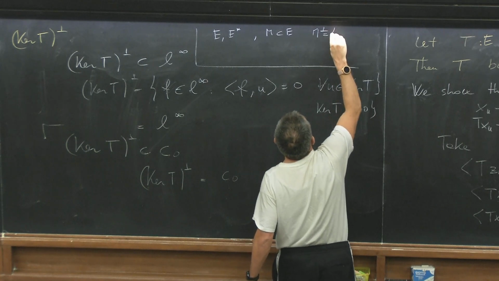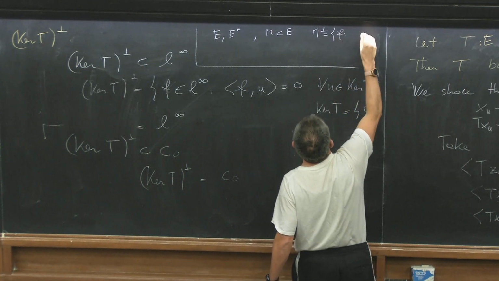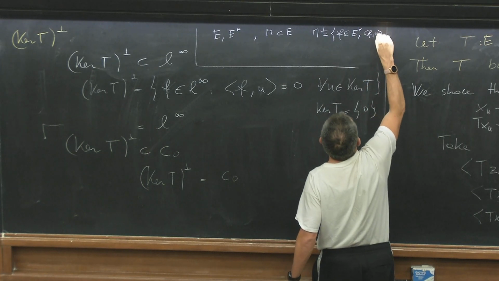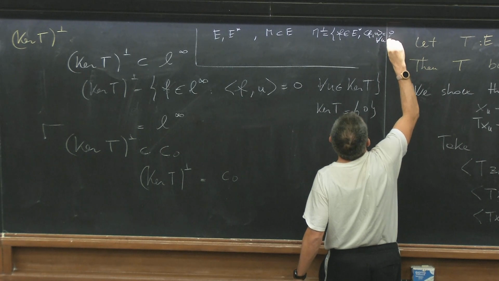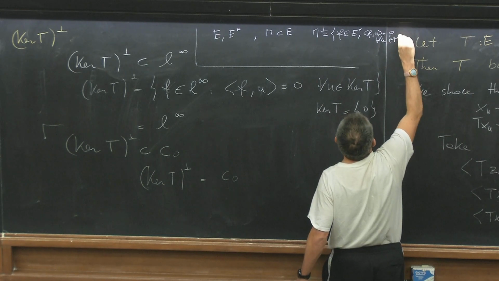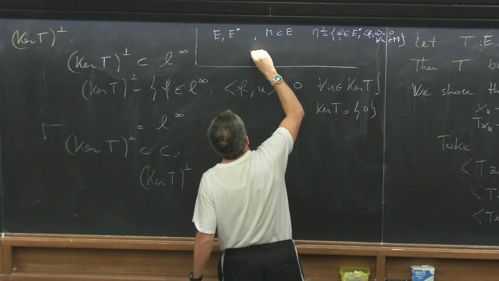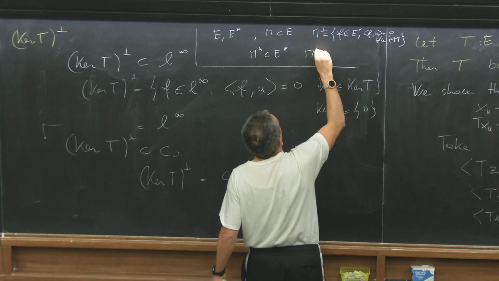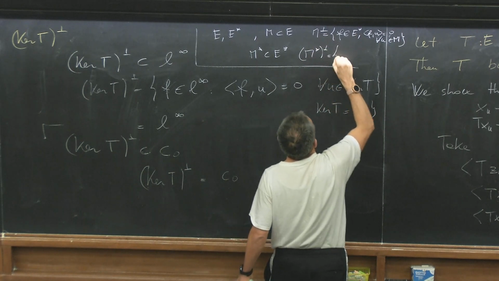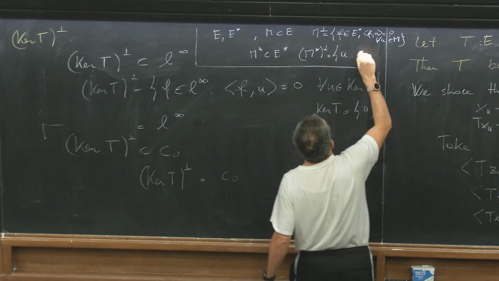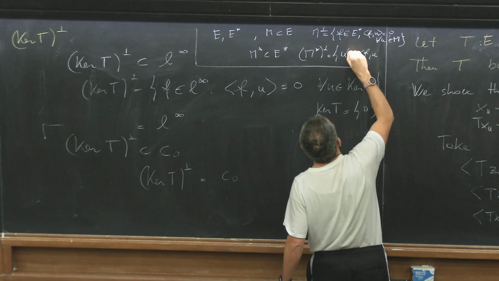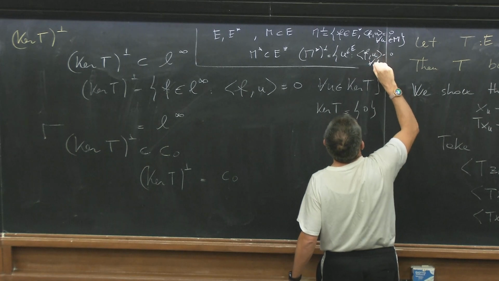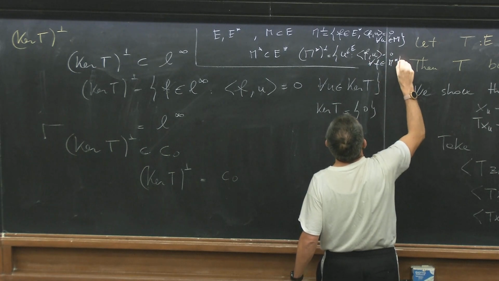M orthogonal are all the F such that F U equal to 0 for U in M. And if I have M star in E star, then M star orthogonal is all the U in E such that F U is equal to 0 for all F in M star.